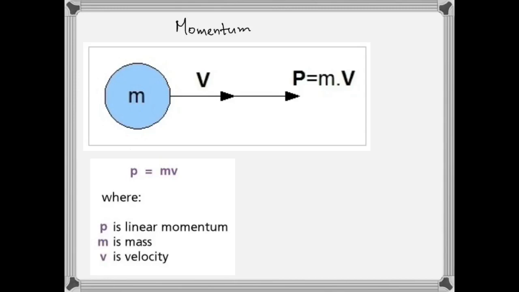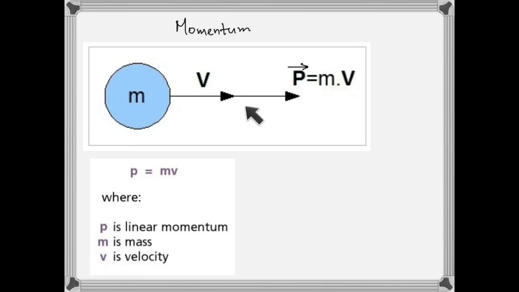And P is supposed to be a vector, so I'm going to try to add the vector symbol there. And since it's a vector, it should have a direction. And the direction of linear momentum is simply the direction of the velocity.